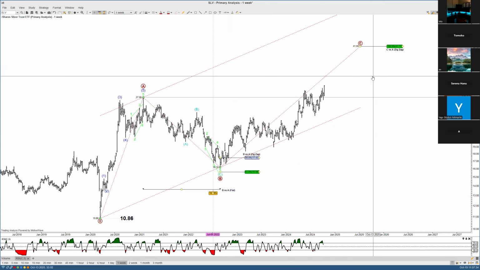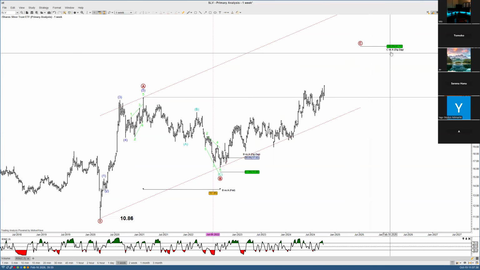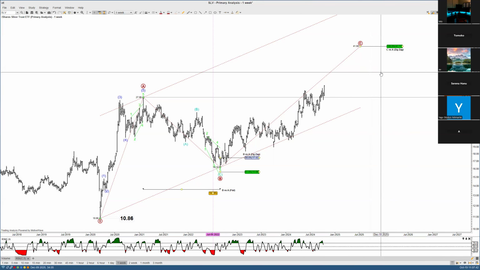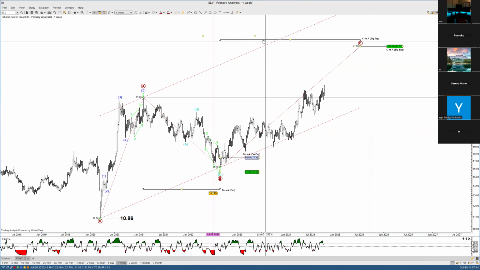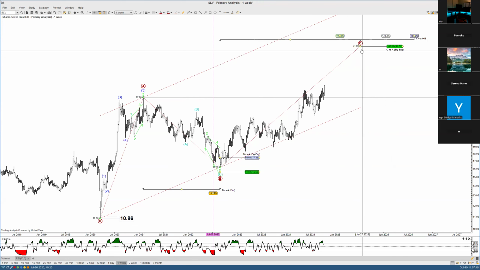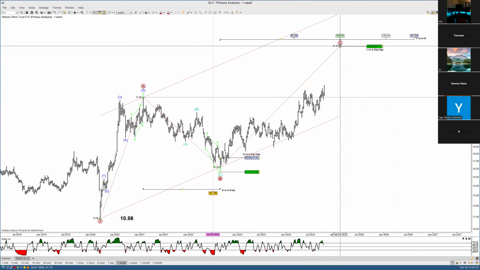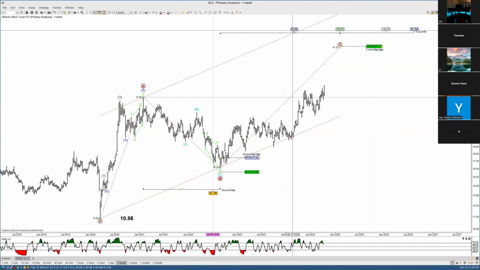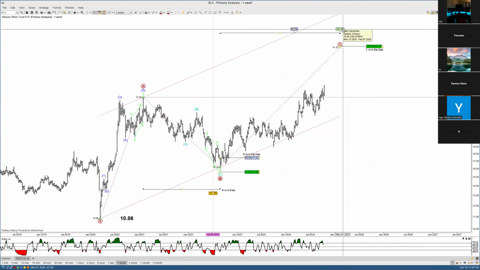Let's use 61.8. Now we use the same projection to the upside. The C wave, right there. Yes or no? Okay. So we have 100% here. Leave this one. We don't need this.